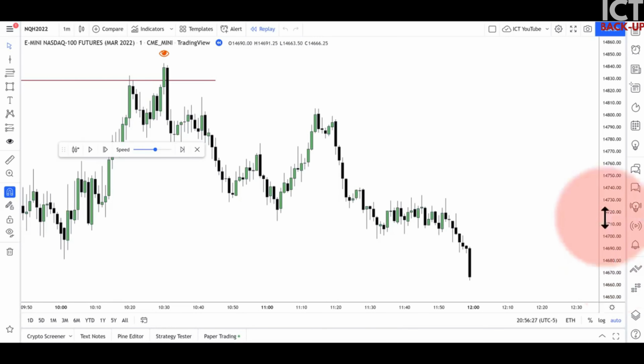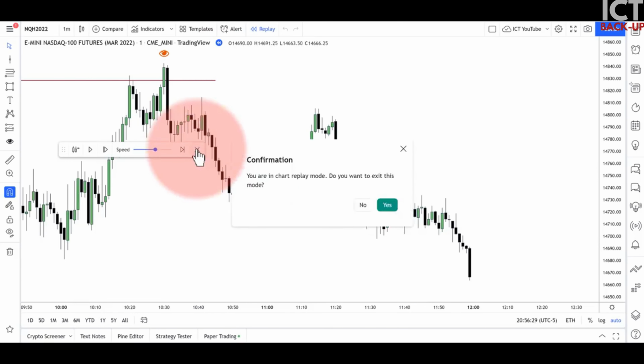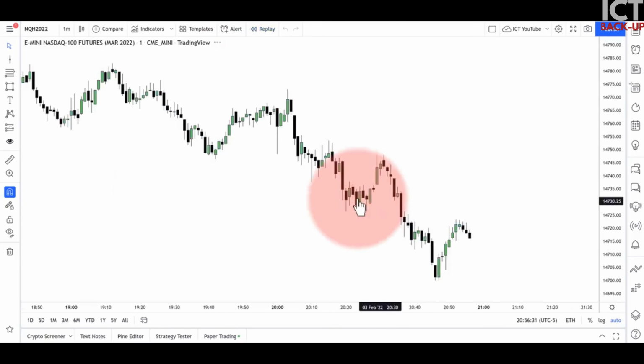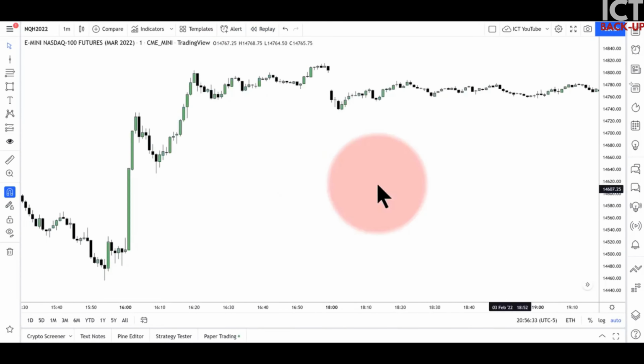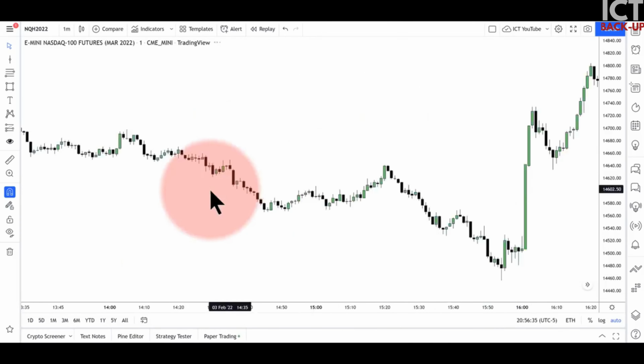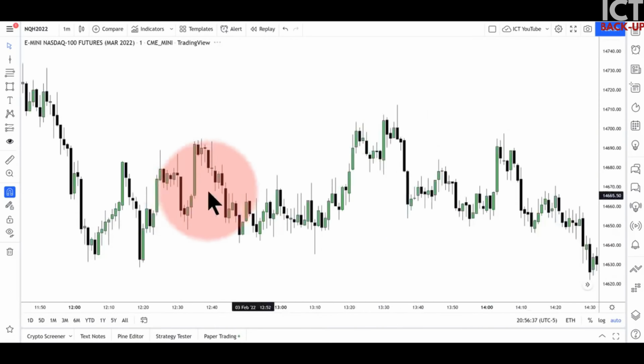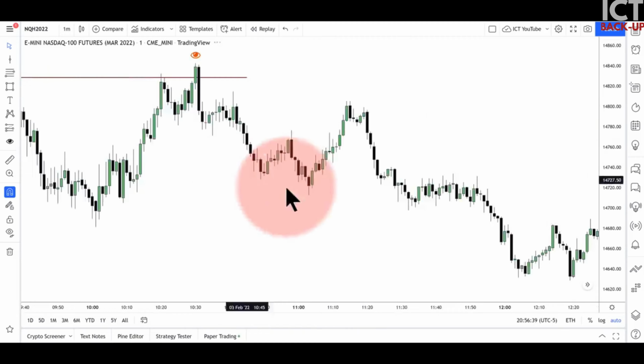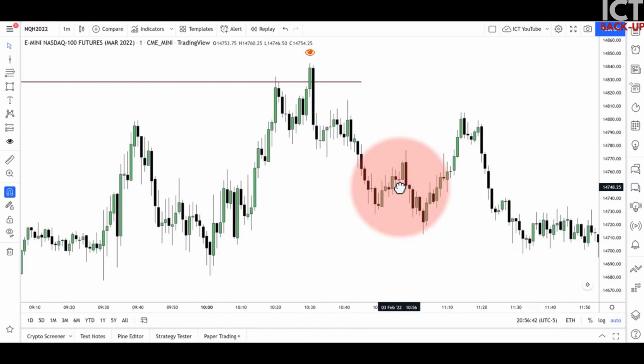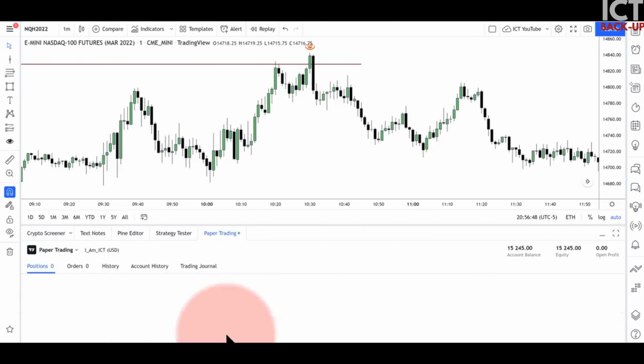Now, for those out there that say, oh, he uses the replay button. That's the first time, and make sure you remember the date, because that's the first time you see me ever do market replay on TradingView. So if you look at this area in here, I'm going to show you the paper trading account.